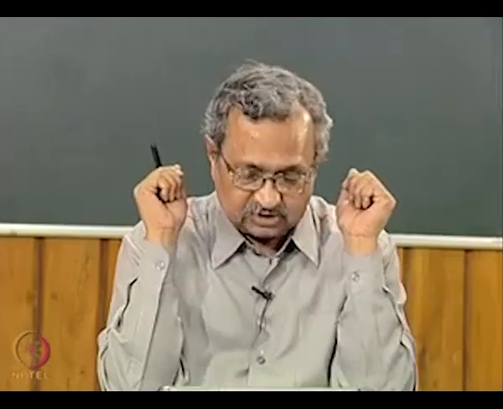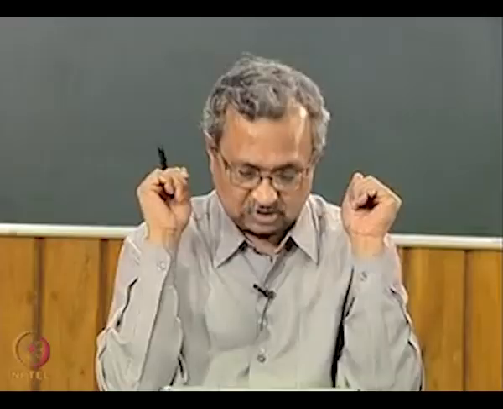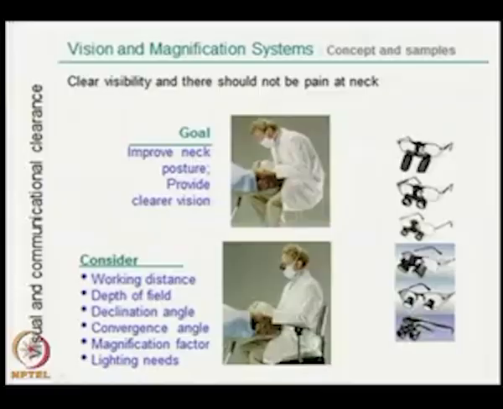Now, the vision and magnifying system, and visual and communicational clearances. There should be clear visibility and no pain in the neck. Suppose a dental physician is checking a patient.